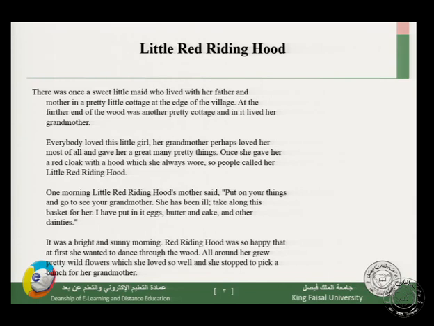But in English, it's called Little Red Riding Hood, and that is the name of the protagonist, the hero of the story, who is a little child, a little girl, a very beautiful, sweet girl, whose grandmother once gave her a red cloak with a hood on which she always wore, so that people called her Little Red Riding Hood. So she was called Little Red Riding Hood for the cloak with the hood that the grandmother once gave her.